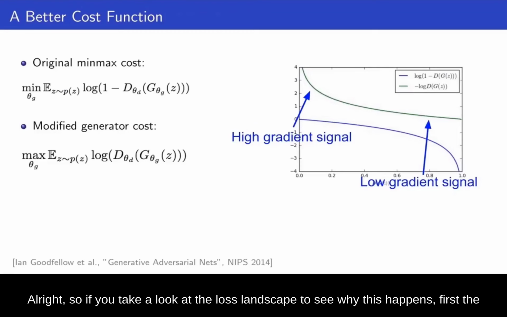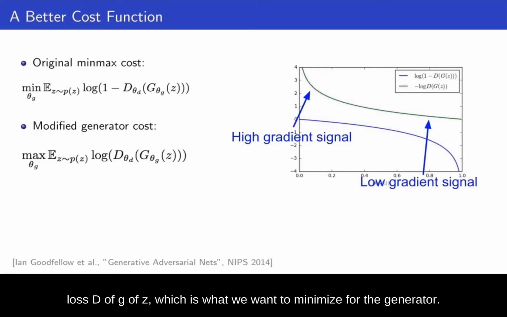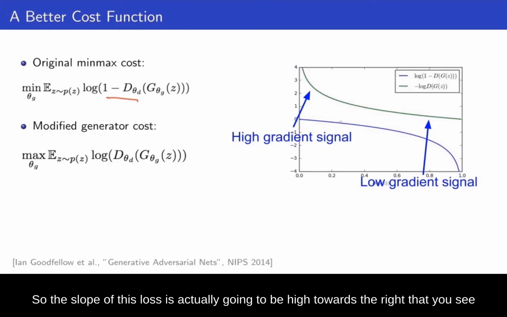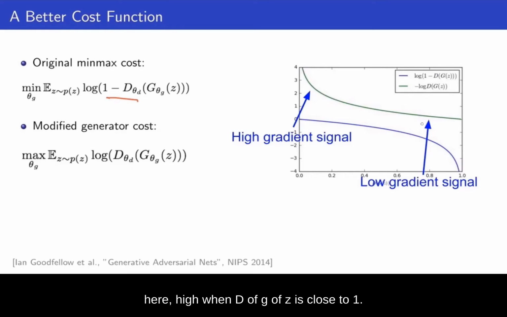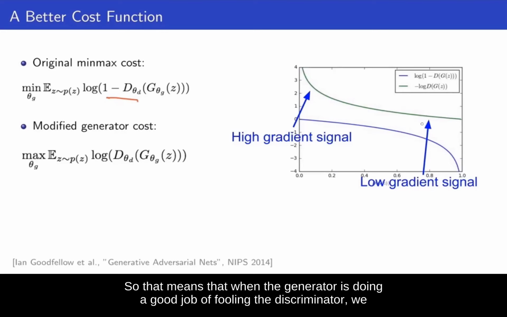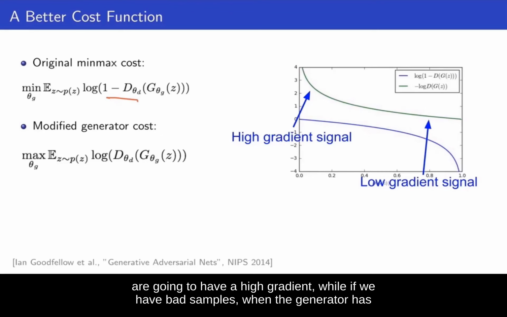Alright, so if you take a look at the loss landscape to see why this happens, first the loss d of g of z, which is what we want to minimize for the generator. The slope of this loss is going to be high towards the right that you see here, high when d of g of z is close to 1. So when the generator is doing a good job of fooling the discriminator, we are going to have a high gradient.